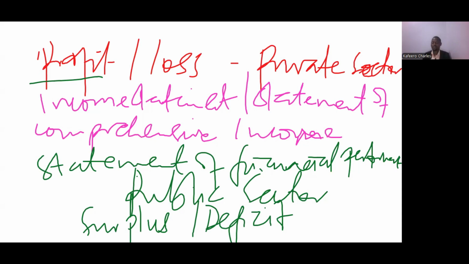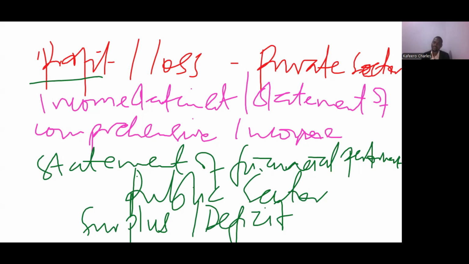And most of the times you'll find that you can make a surplus. A surplus would mean that there is something like a profit. But once you make a surplus, you must explain, because by the time you ask for money in the budget, there must be an expenditure line that is going to consume that money.